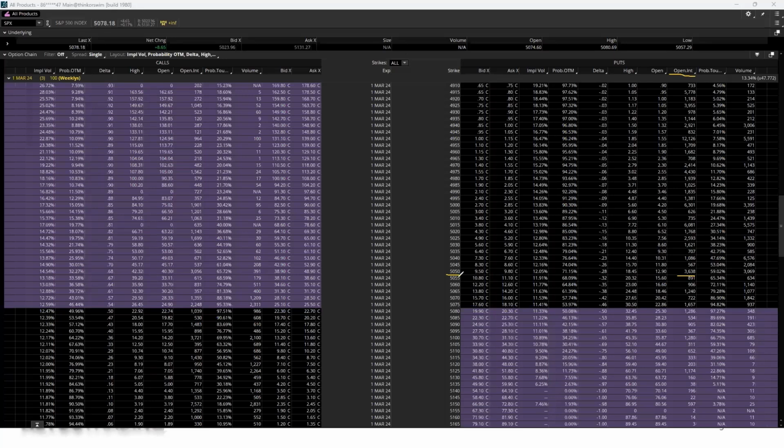What that measures is all of the long positions that are held at that strike price but haven't been closed out, haven't been exercised, haven't expired. Obviously, we're not at March 1st expiration yet. So this is going to tell us all of the open long contracts. And of course, they report it for both puts and calls, just like volume.